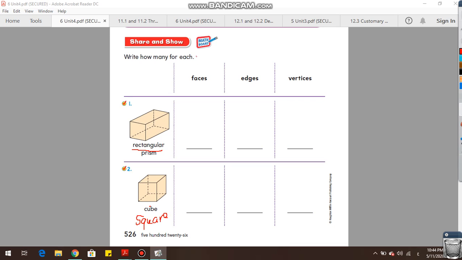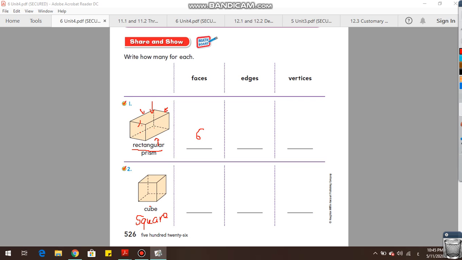Now, how can I know how many faces and how many edges and how many vertices? Let's see, I have a shape in front of me. Let's count how many faces. 1, 2, 3, 4, 5, and the bottom one, 6. So I have 6 faces. And how many edges?